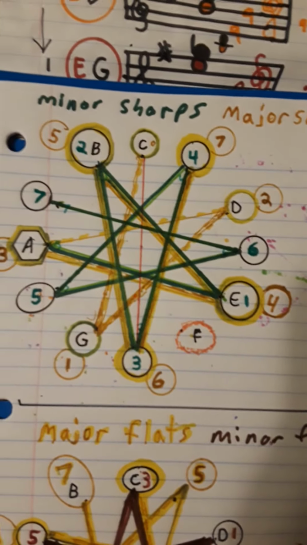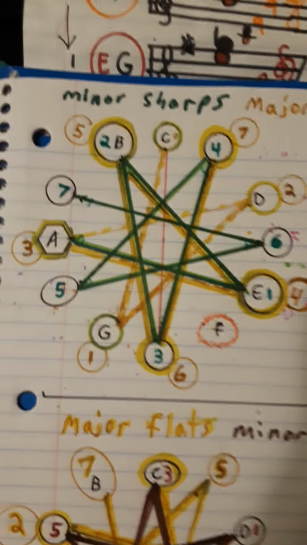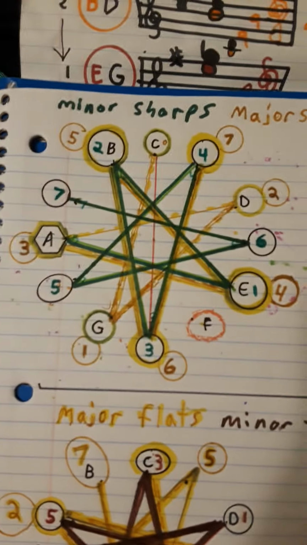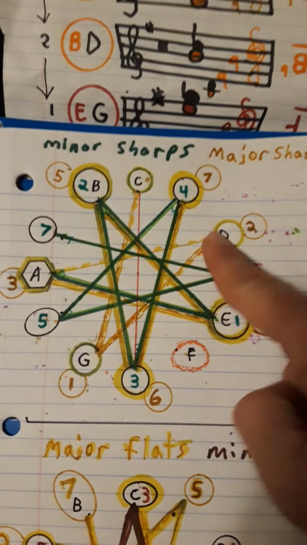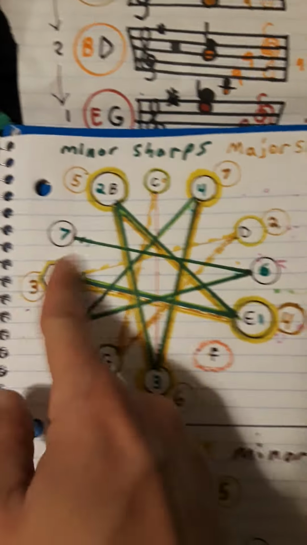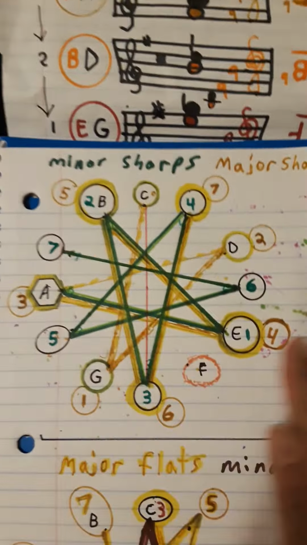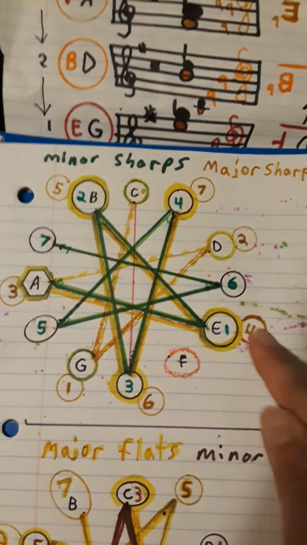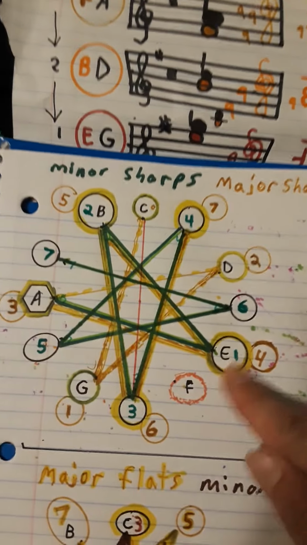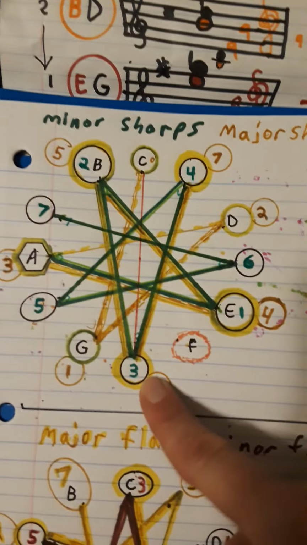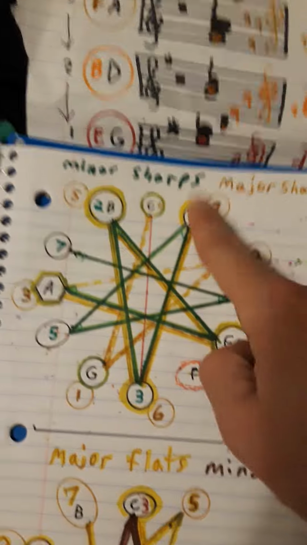Also, another thing to note, on the third one, that's when the minor scale starts to parallel with the major scale with the sharps in them as well. And then 4, 5, 6, and 7.